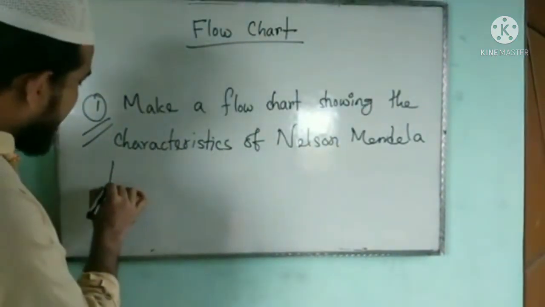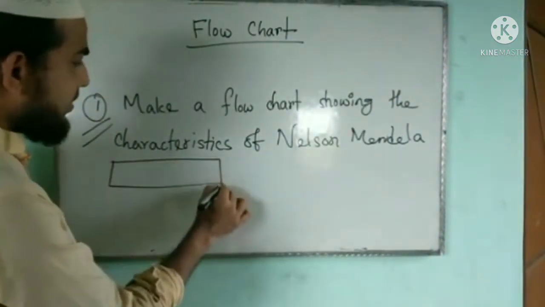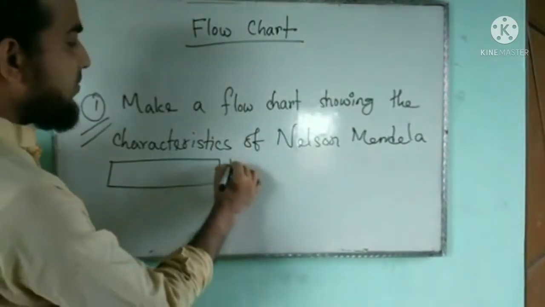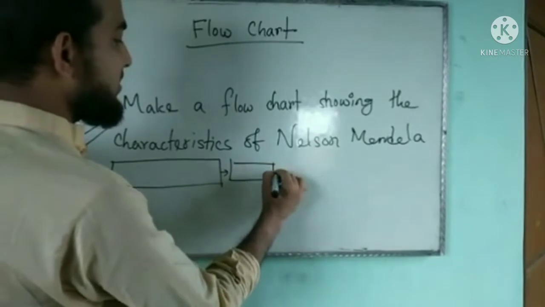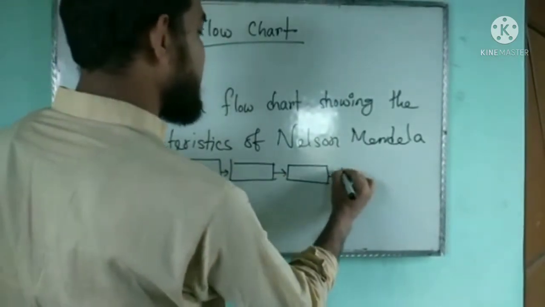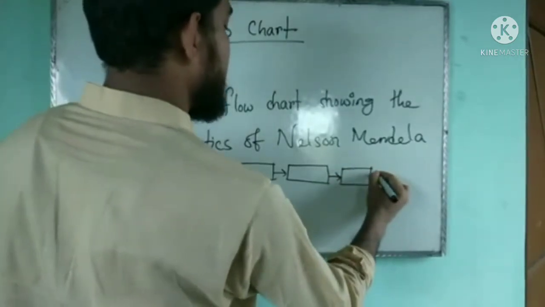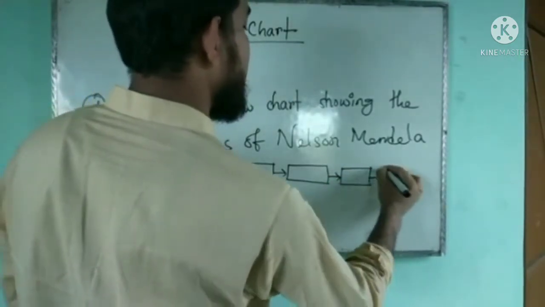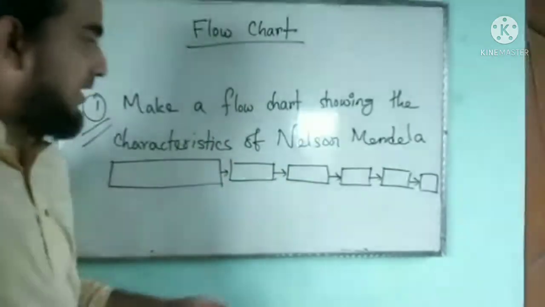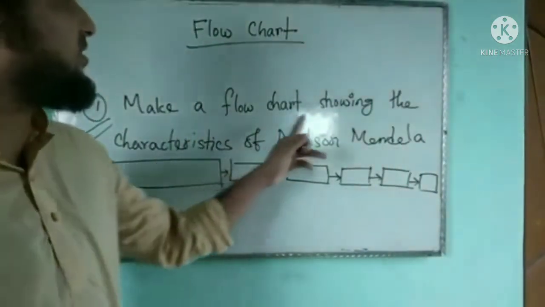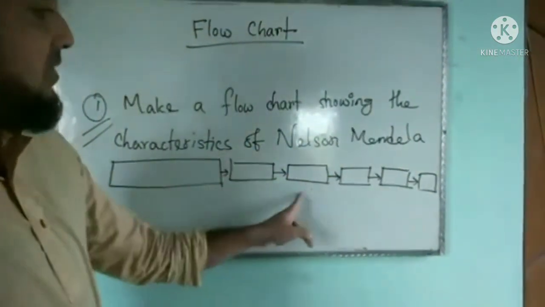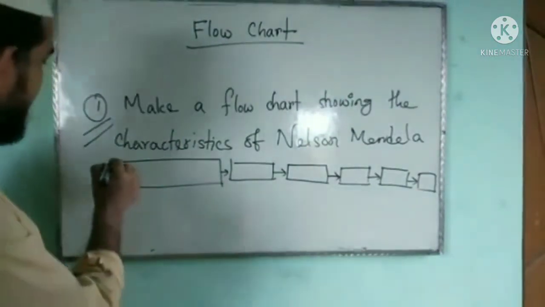and you will get one answer already done for you, and there you will get another 5 boxes, like this in the question script. The question will appear like this: make a flowchart showing the characteristics of Nelson Mandela. 1, 2, 3, 4, 5, 6. Okay.